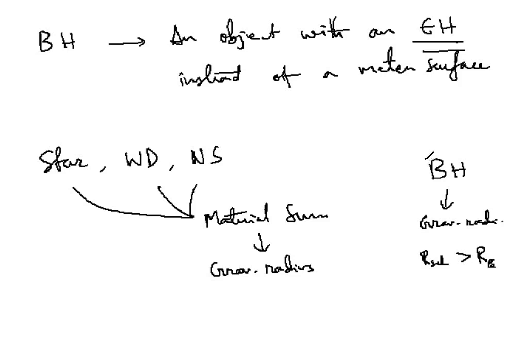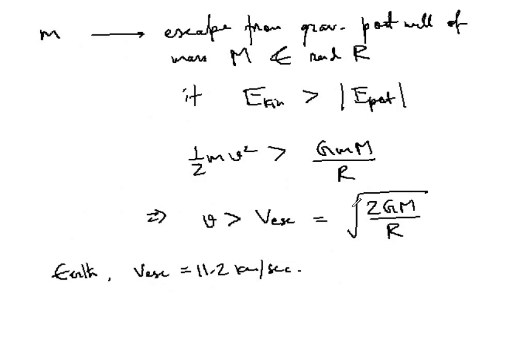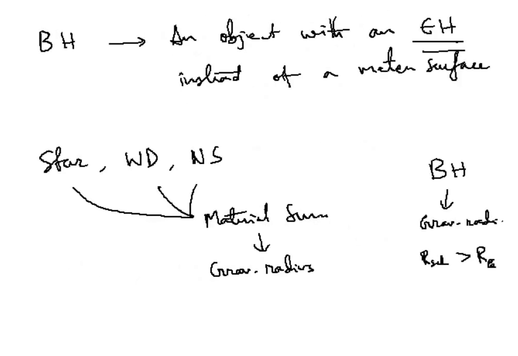What's this? You see, what is the Schwarzschild radius? You can see from here. You put the value of escape velocity equal to c, and you get the value of this r, and that's your Schwarzschild radius. So this is what I am saying.